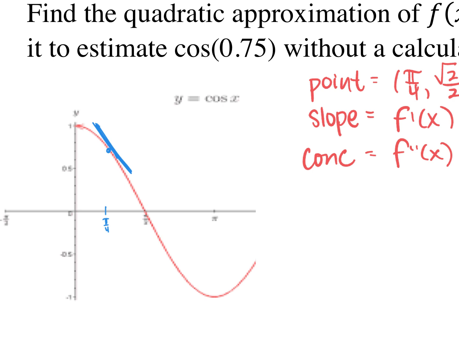We are now going to be adding a quadratic, a parabola, which squeezes between, so it shares the concavity of the cosine function. And so it's going to be a closer approximation.